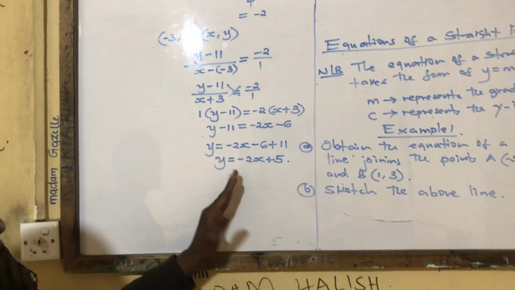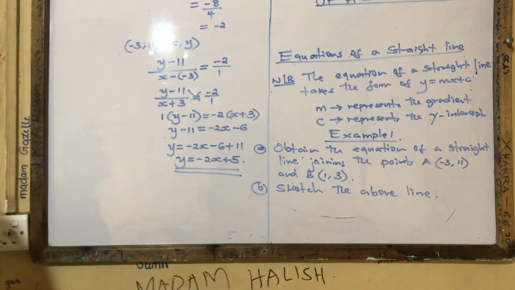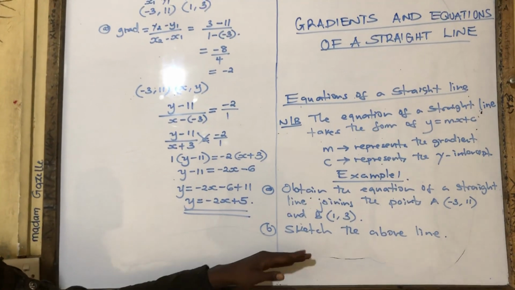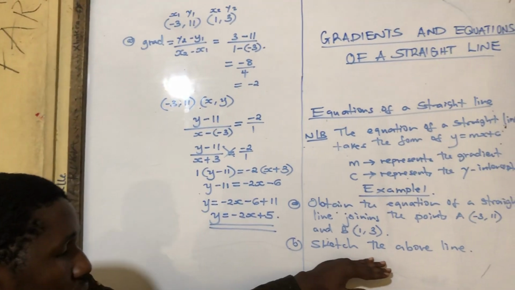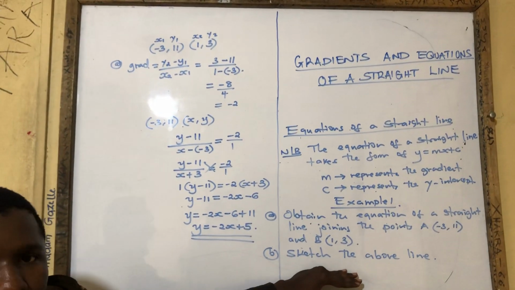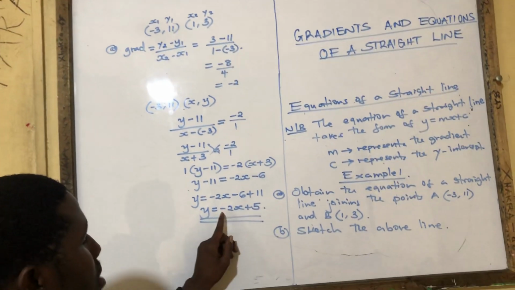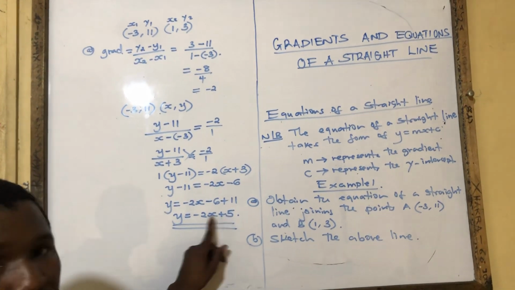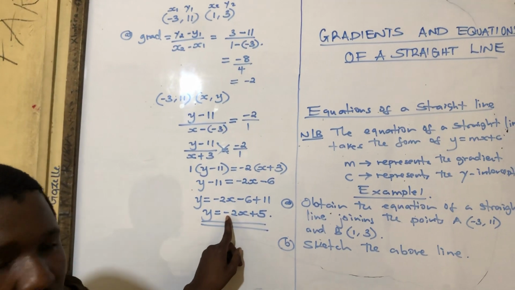The second equation, this is the equation of the line. The part A is fully sorted. Bringing us to the part B. In the part B, I'm requesting you to sketch the line if you really know. I want to find out if you really know what each and every figure here represents. The first figure, -2, is a gradient.